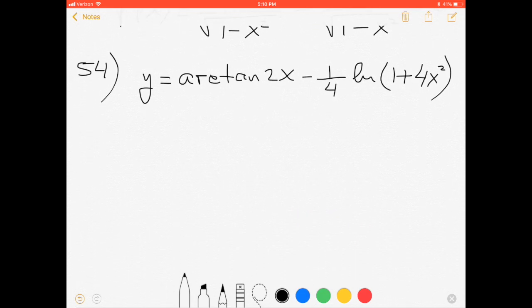And we need to find the derivative. Okay, y prime will be the derivative of arctangent. The denominator is the sum of 1 plus the square of what you have inside arctangent, which means 4x squared. And the numerator is the derivative of what you have inside arctangent, which means only 2. Great.